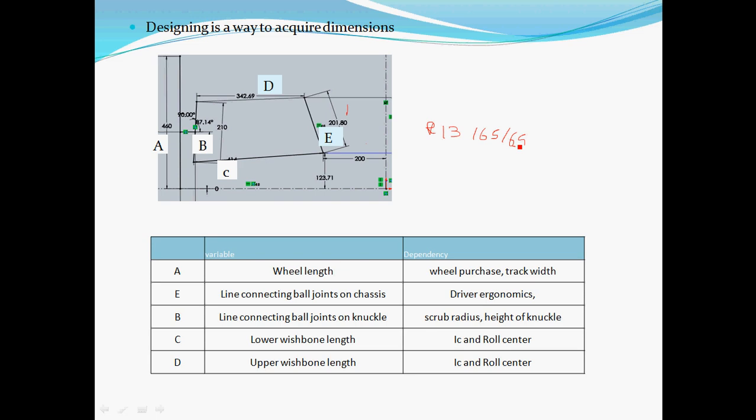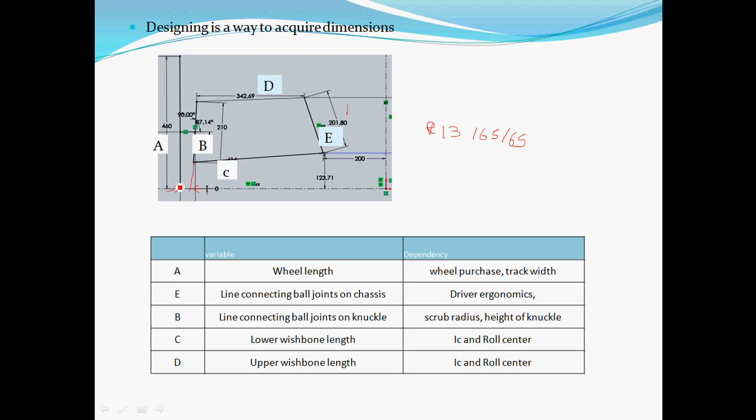And the next dimension which I want to discuss is B, which is the line joining the upper ball joint and the lower ball joint. Now for knowing B, you should know the scrub radius. Scrub radius is a very important thing. Now what is scrub radius? If you project this line down, the distance between the wheel center point, this point, and this projection is your scrub radius.